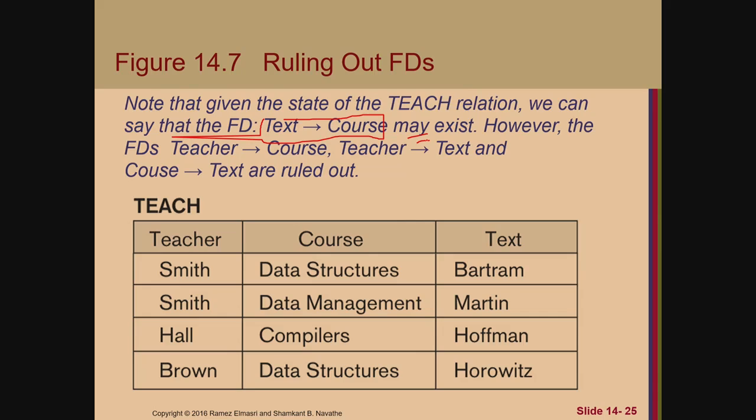But it might have the relation; text determines course may exist. We use "may". However, the functional dependencies teacher determines course, teacher determines text, and course determines text are ruled out. Why? For example, to identify whether teacher determines course, just check Smith and Smith. If we have the same value in the determiner, we should have the same course, but here it is different.